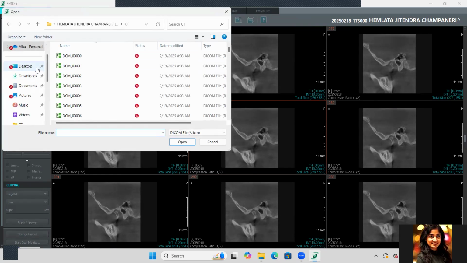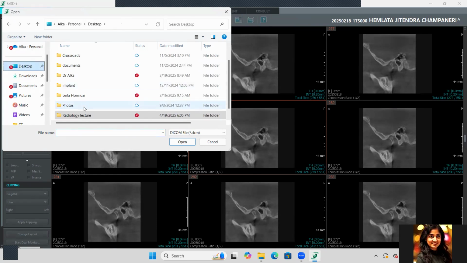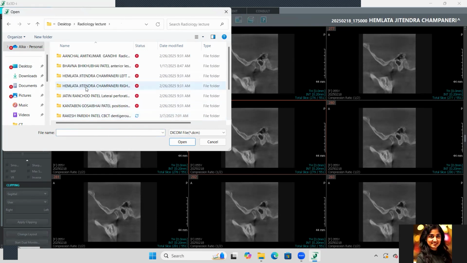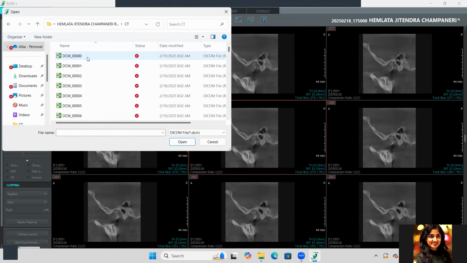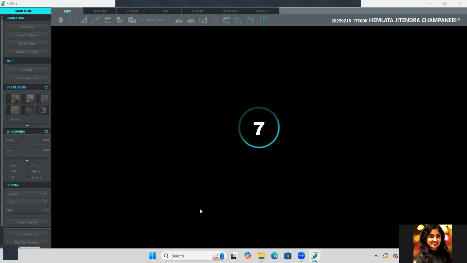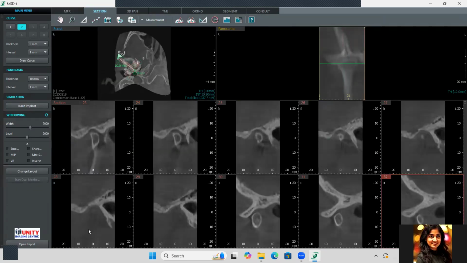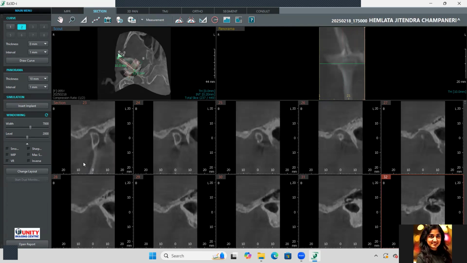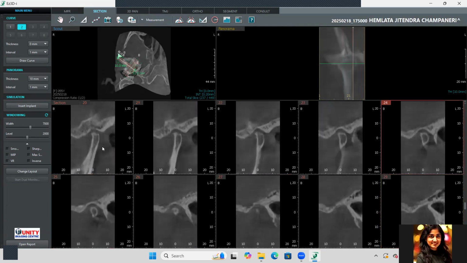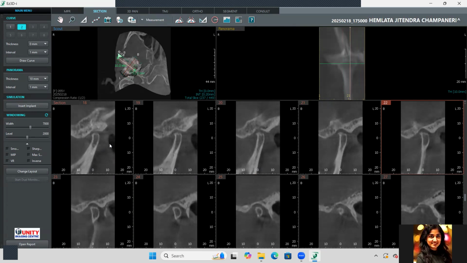This is the left side. Right side. There is more damage, I guess, here.